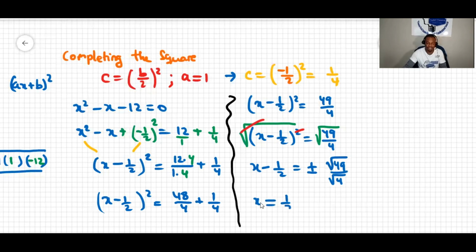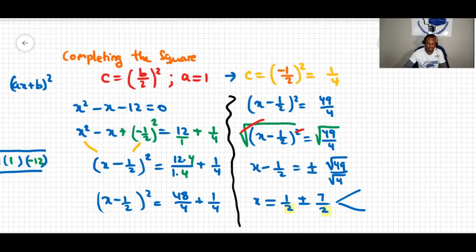That will become positive half plus or minus. The square root of 49 is 7, and the square root of 4 is 2. And then here we have two solutions, one with the positive and the other with the negative. Because the denominators are common, we can just add the numerators.